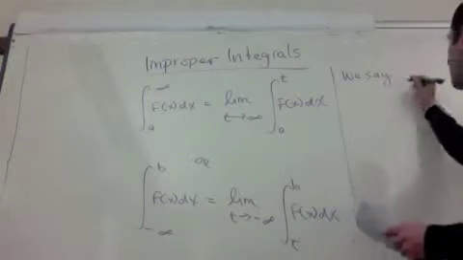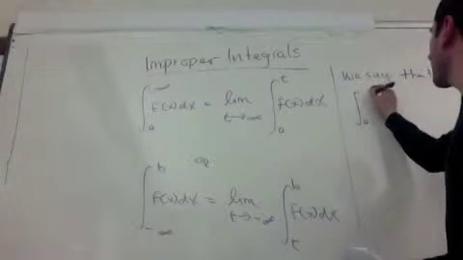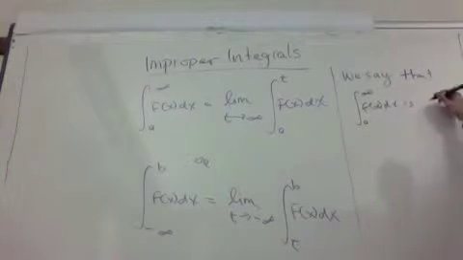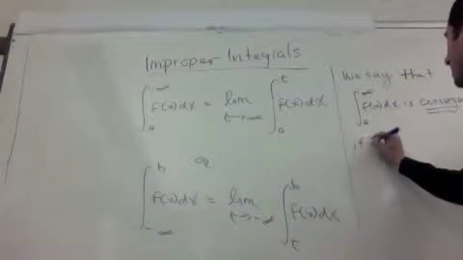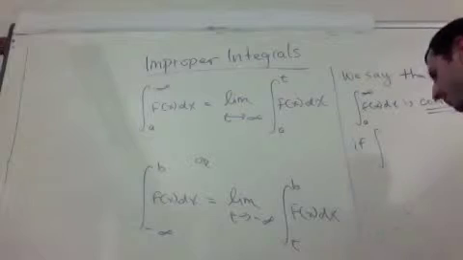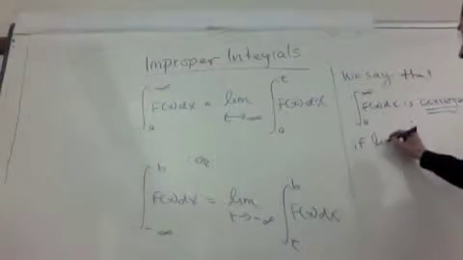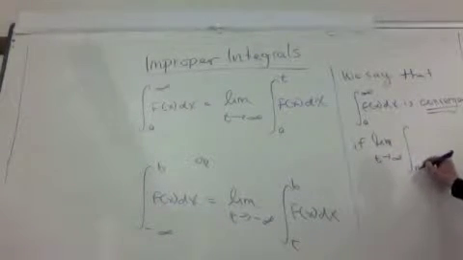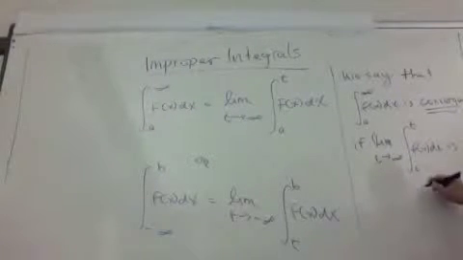So I'm just going to write the first case. We say that our improper integral is convergent if the limit as t approaches infinity of the integral from a to t of f of x dx is finite.